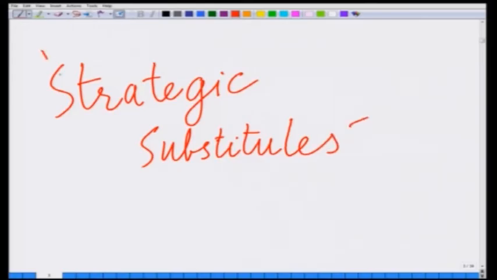Strategic substitutes are two goods which are closely related to each other in applicability and functionality, so that the consumers do not have a strong preference for one versus the other and can more or less readily substitute one for the other, such as two popular soft drinks or popular soaps in a market and so on.